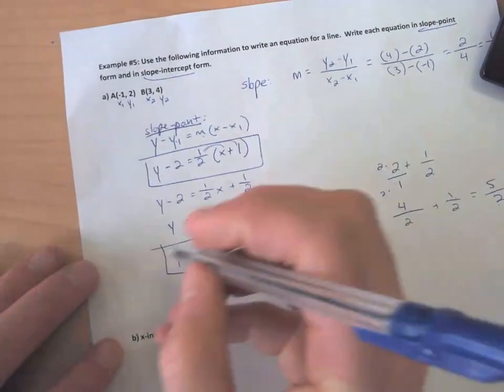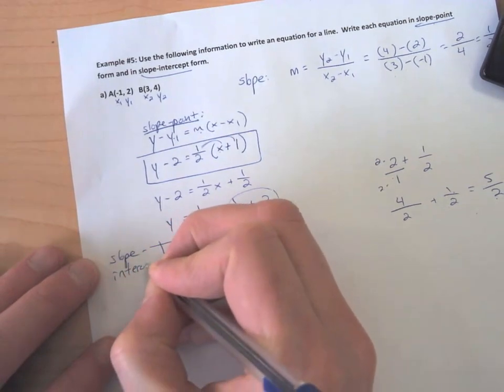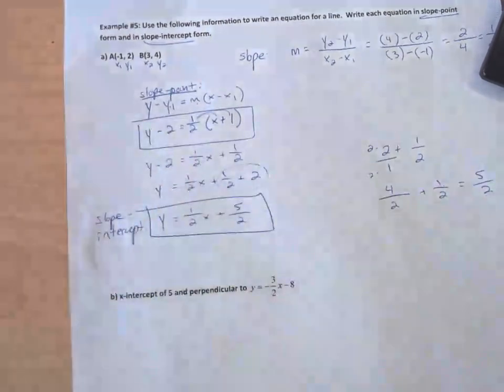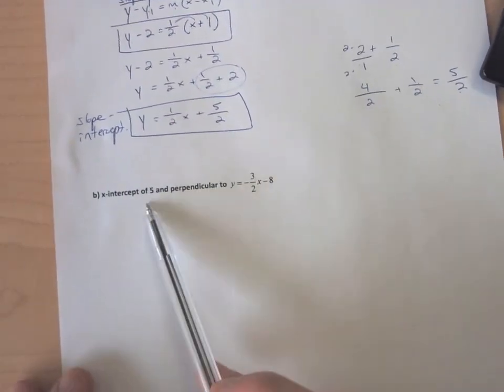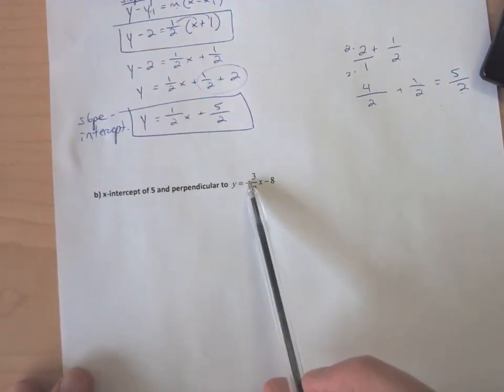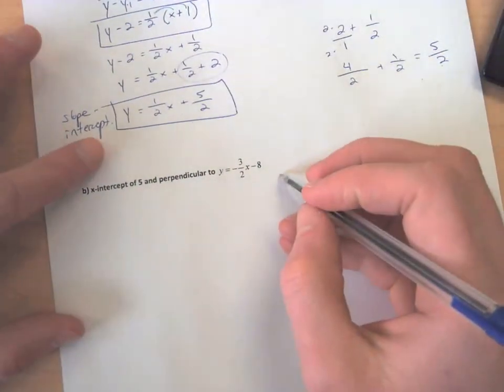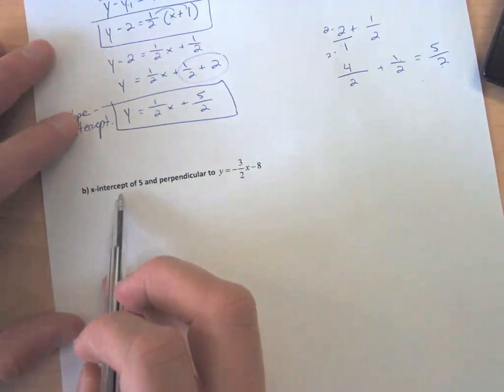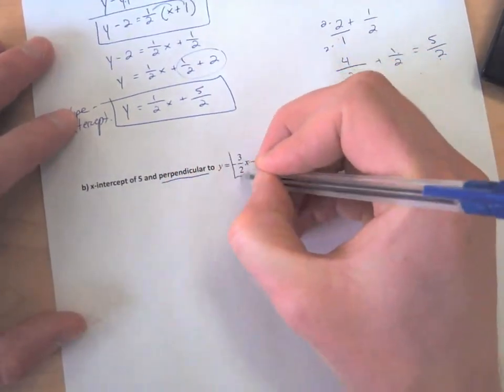Now we have slope-point, and this is slope-intercept form. All right. Last question. X-intercept of 5 and perpendicular to y equals negative 3 over 2 x minus 8. So here we need a slope perpendicular to this slope.